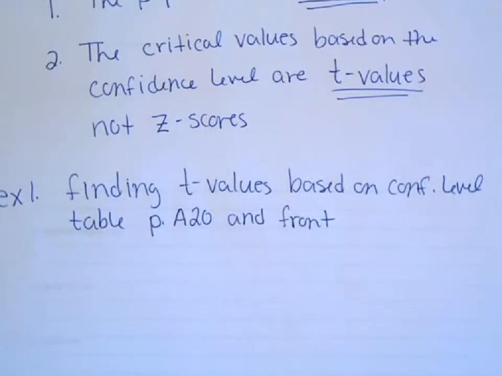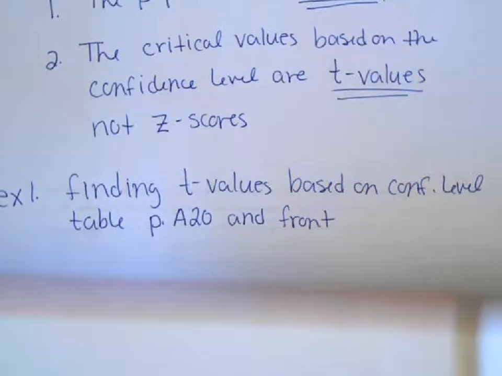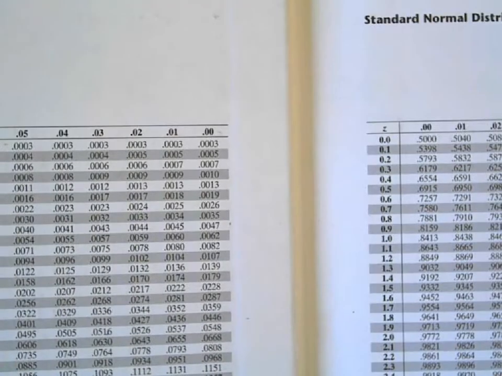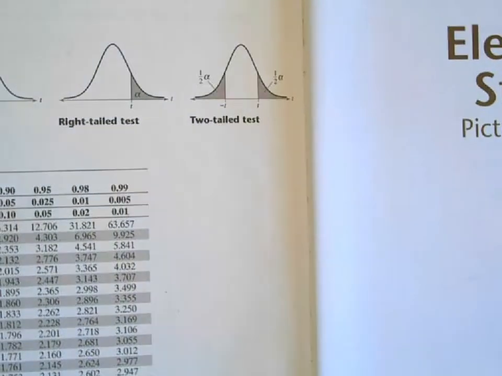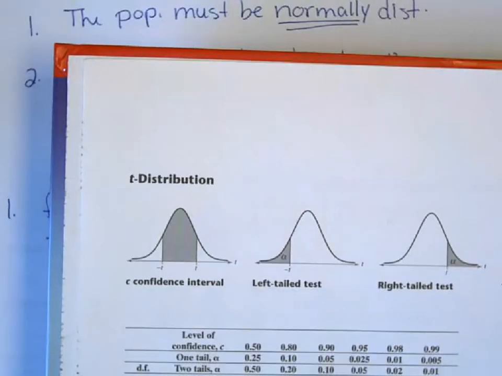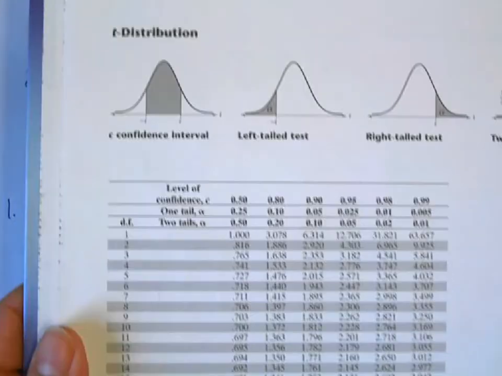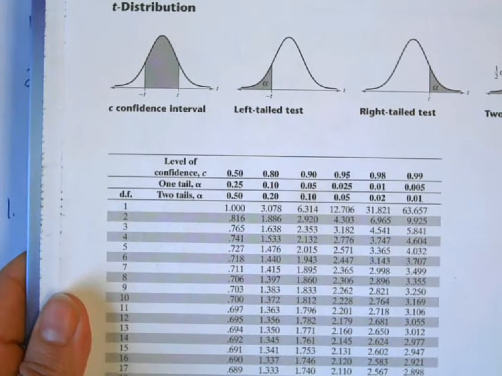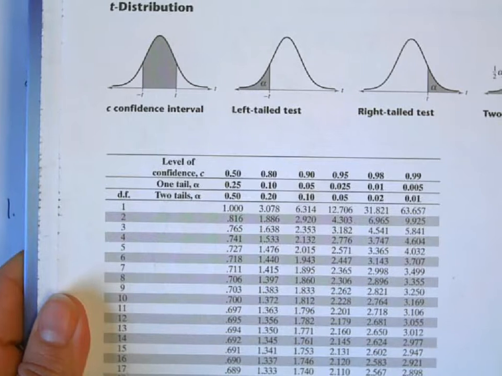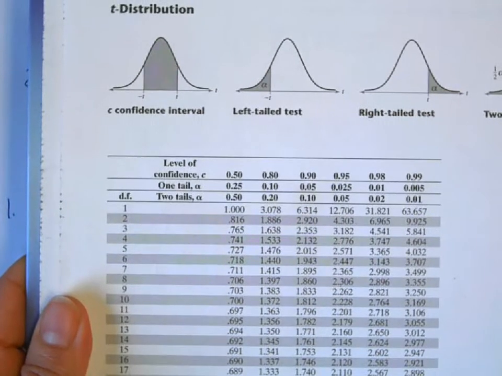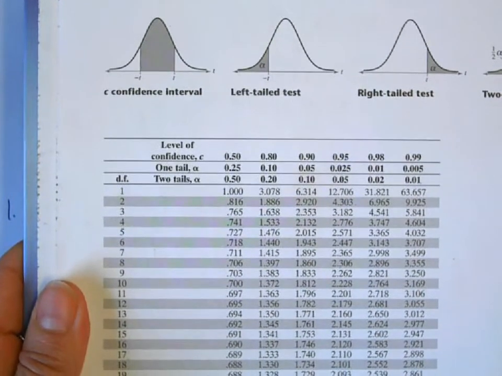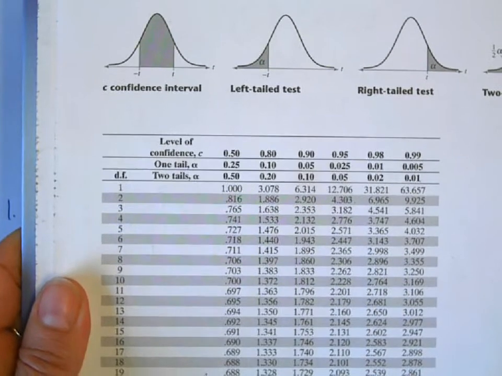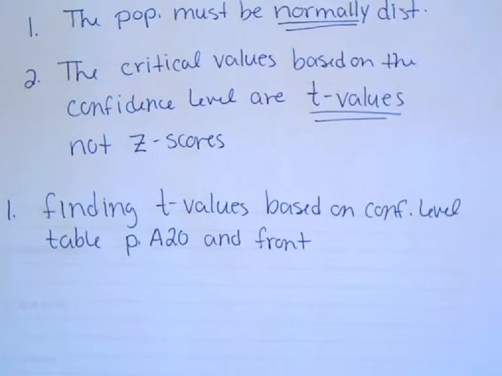So, take a look. This is the table we used before, that z-table. And if you flip one page in, you'll see what's called a t-distribution at the top. So if it says 90% or 95, it's not always going to be the same number, like it was with the z's.